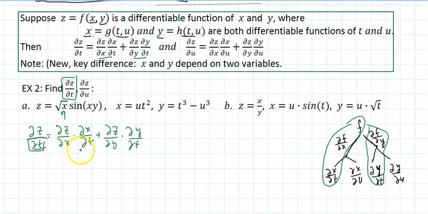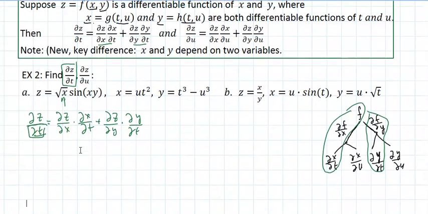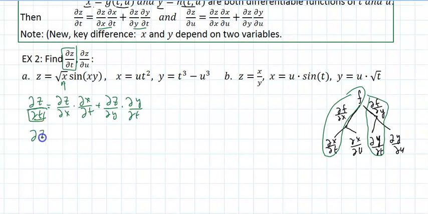And what would that be? Partial of z with respect to t. Well, what's the partial of this with respect to x? The product rule. 1 over twice radical x times the sine of xy plus radical x times the cosine of xy times y.